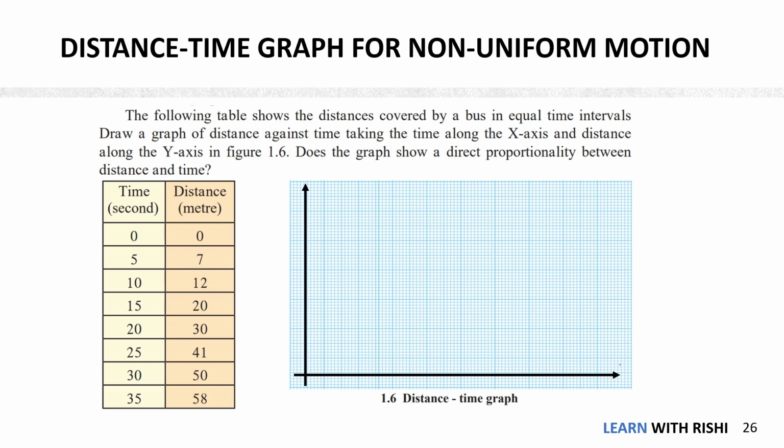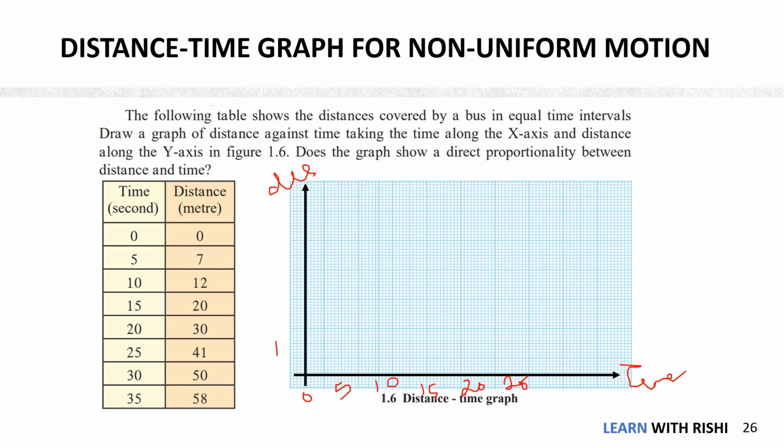On the x-axis we'll have time, and on the y-axis we'll have distance. So 0, 5, 10, 15, 20, 25, and so on. We'll just put four or five readings and observe the nature.